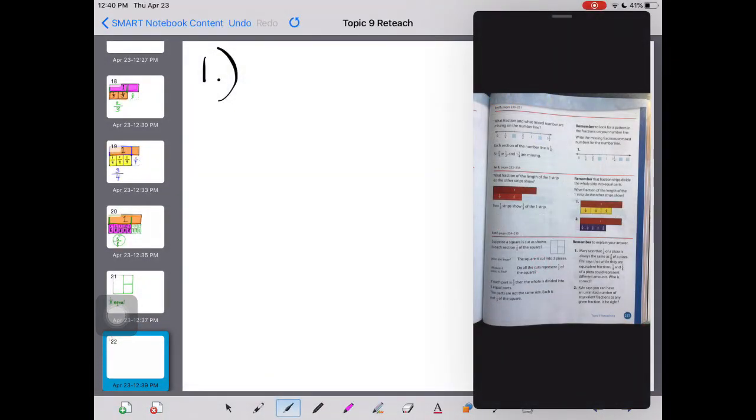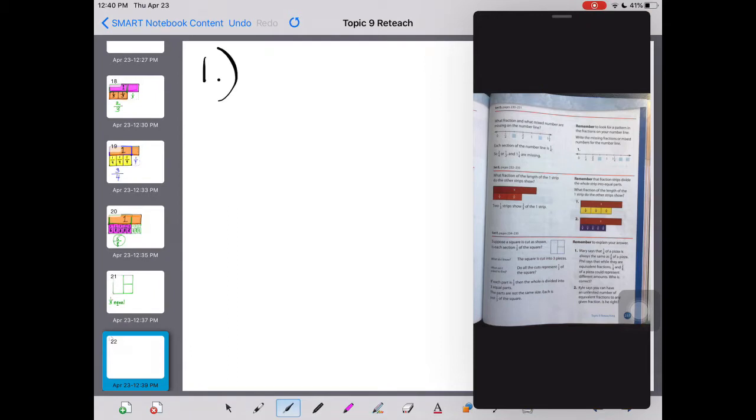All right, number 1, you probably scratched your head on this. Maybe you thought of it, you figured it out. If not, please don't be too discouraged. Let's look at this together. I'm looking here at number 1 on page 237. It says that Mary says that 1/4 of a pizza is always the same as 2/8 of a pizza.